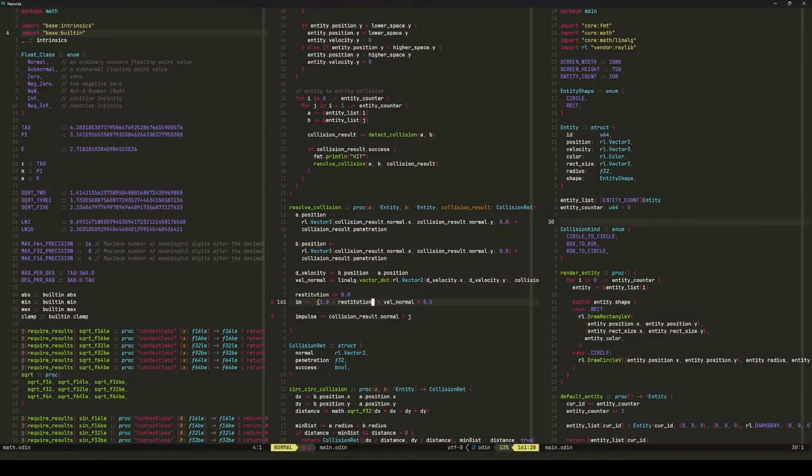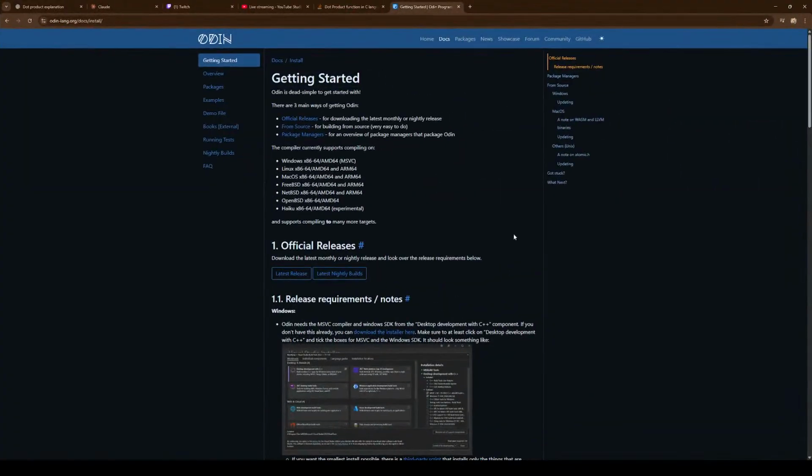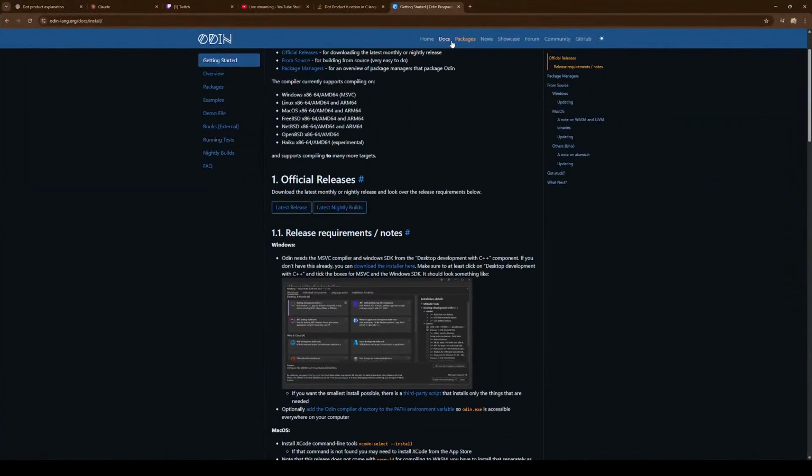Oh my god. I know for damn sure, bro, there should be a better way. If I need to write out or cast raw floating point variables into 32 bits, then that's crazy. Packages, but not packages. Getting started. And docs, right?